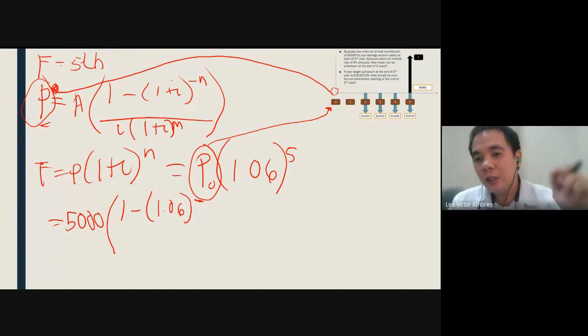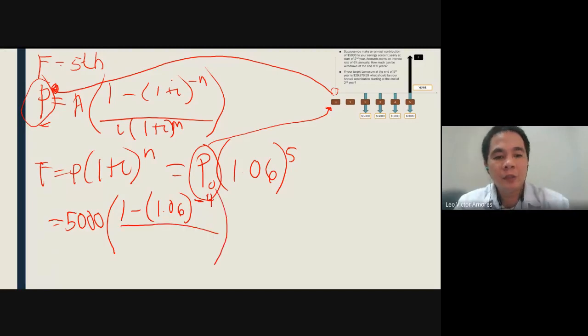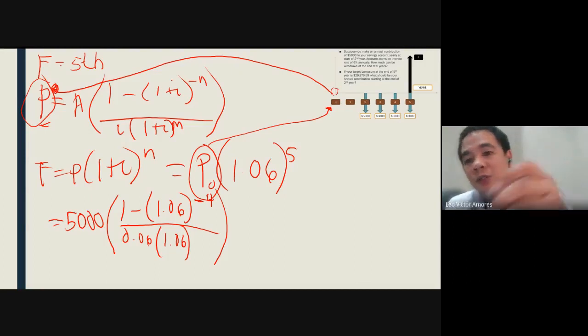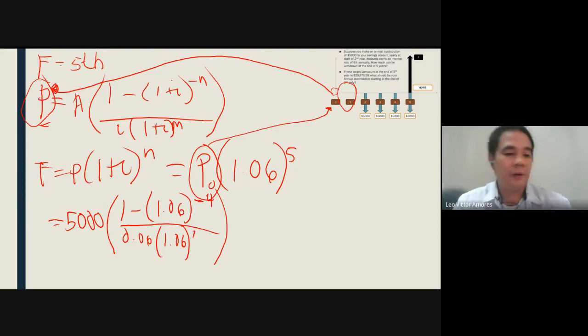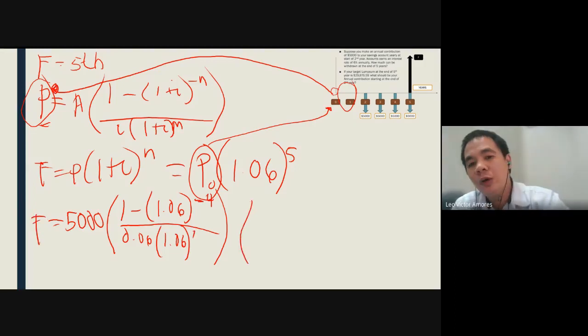As you can see, you have 4 payments, so that is 4, divided by 0.06 multiplied by 1.06, and then the value of m indicates the number of deferred payments. As you can see, there is one deferred payment, that is your 1. And then, to get the future value, you have to multiply the value by 1.06 to the power of 5.